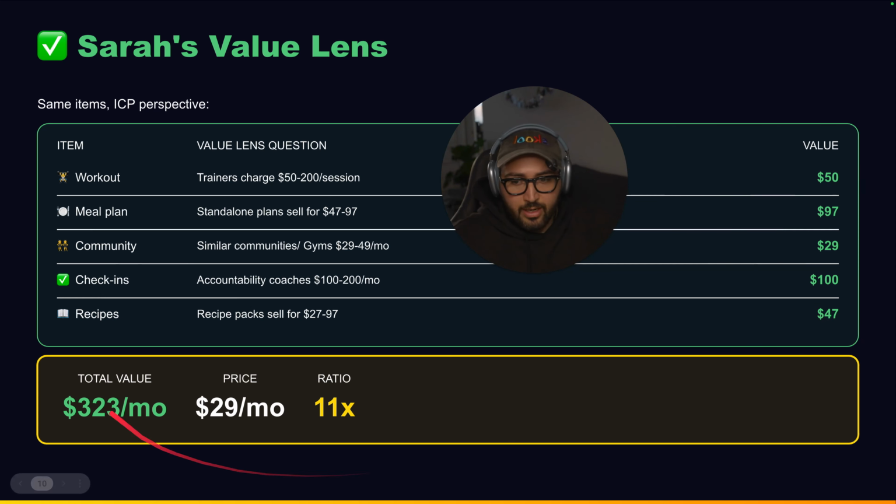This is our value. Total value is this much, and we are not saying, hey, total value is 500 or 5,429, some imaginary numbers, or just inflating numbers.